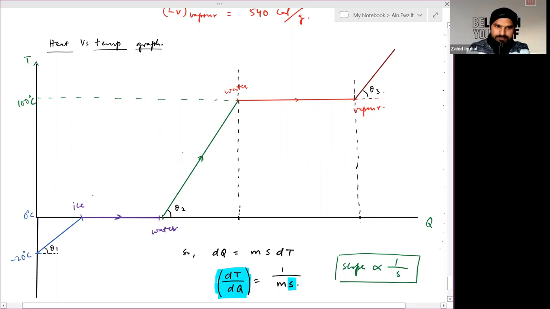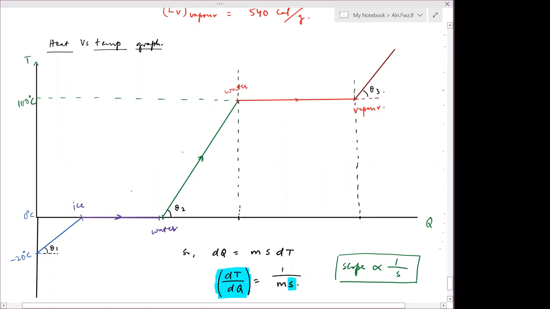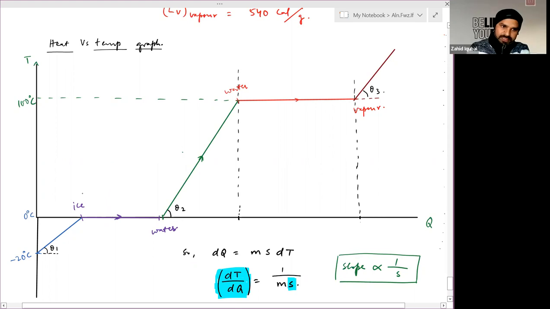Similarly, you'll be asked, at the same temperature of 0 degrees Celsius, ice and water, which will be more effective in cooling, ice or water? Sir, ice. Again, related to this graph, draw a vertical line at this point and a vertical line at this point.